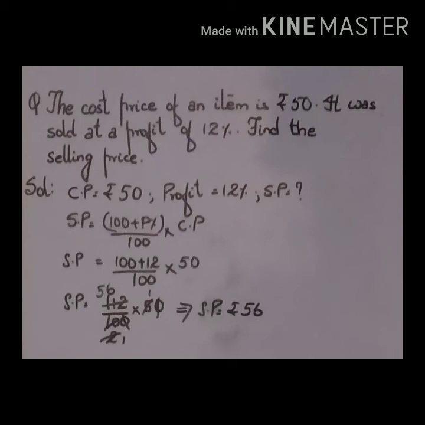So, the formula for calculating the selling price is (100 plus profit percentage) upon 100 multiplied by cost price. So 100 as it is, profit percent is 12% upon 100 and cost price is rupees 50. So selling price comes out to be equal to rupees 56.